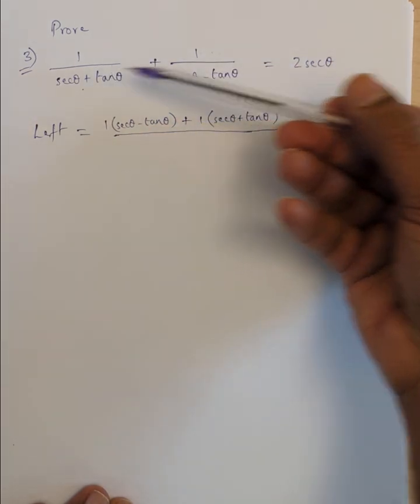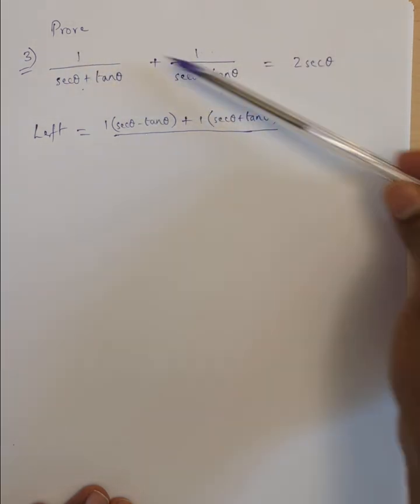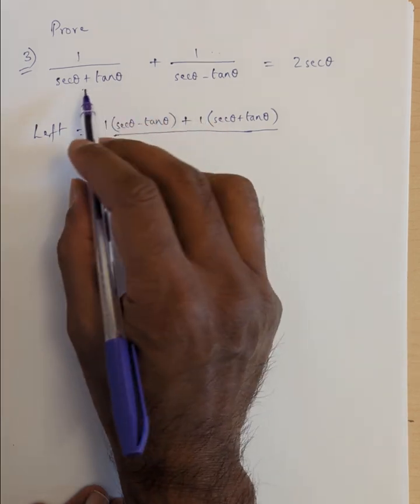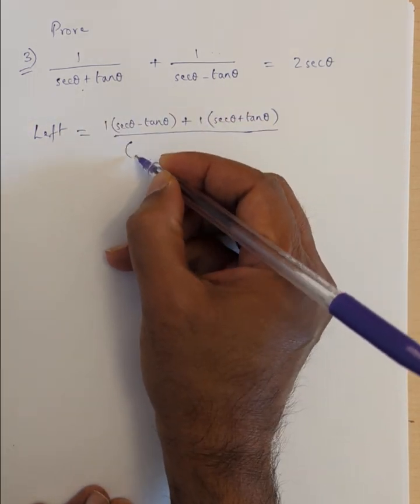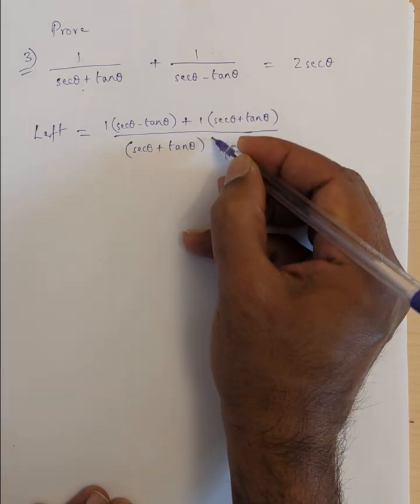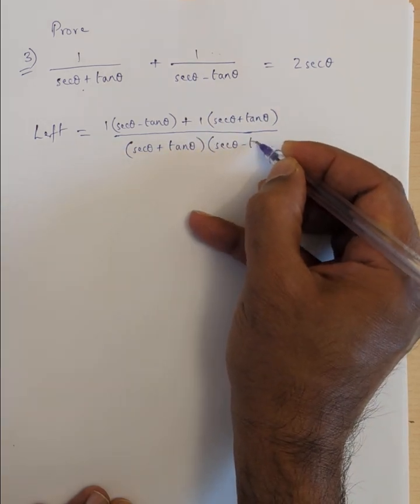So I did not copy the left side, but I'm just combining these two fractions first. And then the denominator is the product of these denominators, which is secant theta plus tan theta times secant theta minus tan theta.